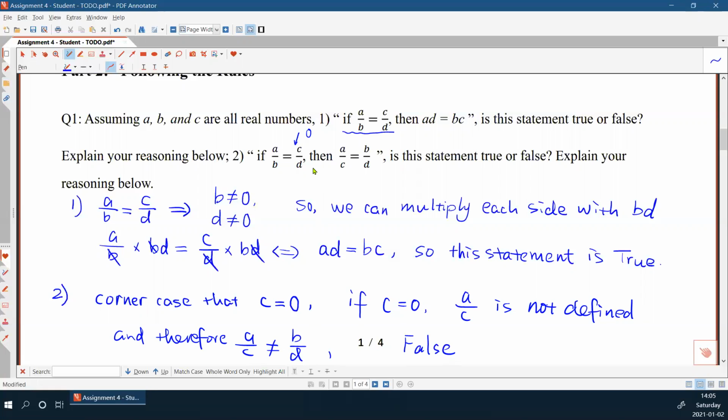This statement is true only if A and C are not 0, right? Okay, any questions?